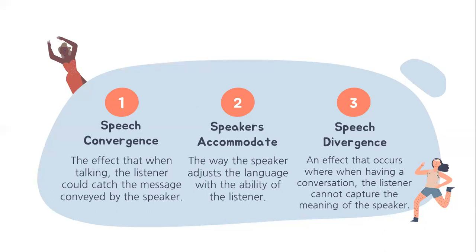For example, when Chelsea talks about cartoon, Nurul does not at all know what a cartoon is. Under such circumstance, their communication is divergence.